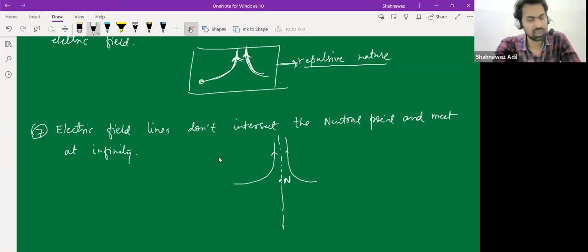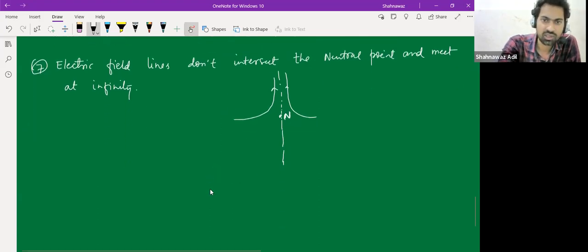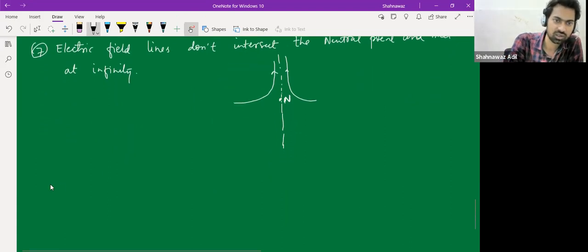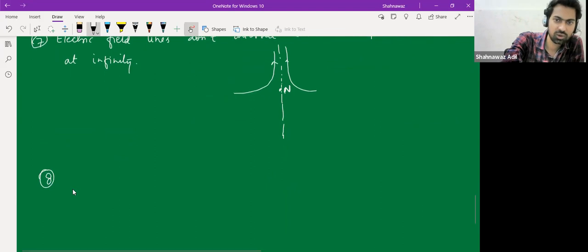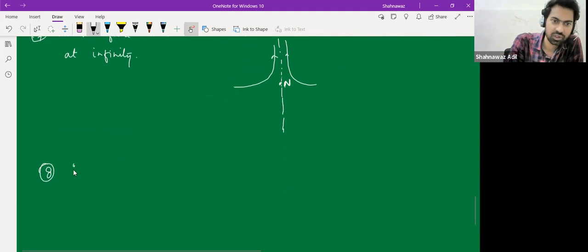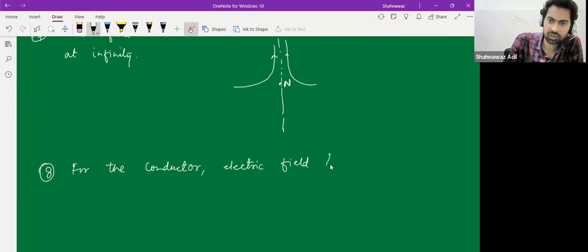Okay, so let us quickly learn about this last property, for the conductors. For the conductors, electric field lines go perpendicular at the conducting surface.